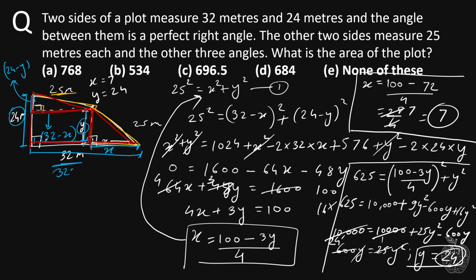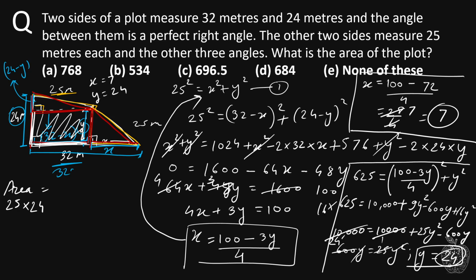For this rectangle, area is length into breadth. This side is 32 minus x, 32 minus 7 is 25. So 25 into this side, which equals y, and y is 24. So 25 into 24 gives the value of the rectangle.